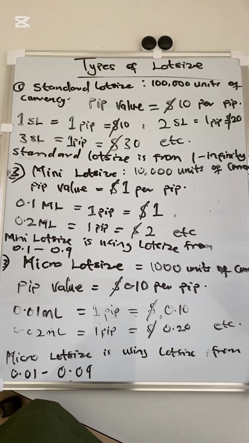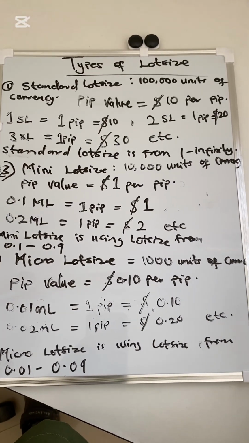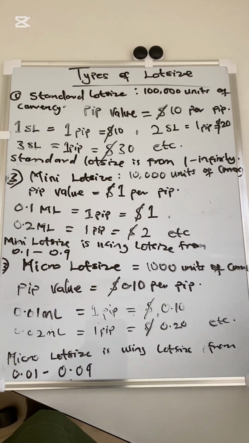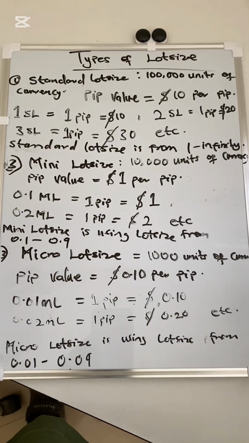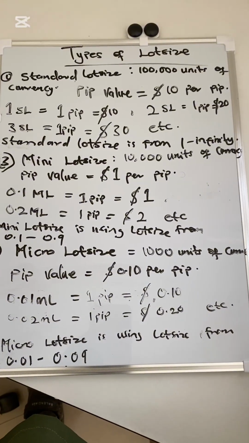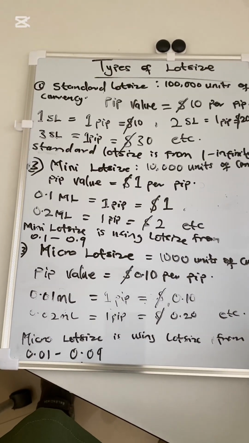In my next video, I'm going to teach you how to calculate lot size in relation to currency pair and then pip movement. Every currency pair has different ways of calculating its pip movement, and how you can relate that to the lot size you can use on those currency pairs.